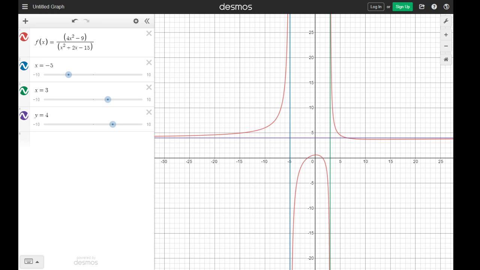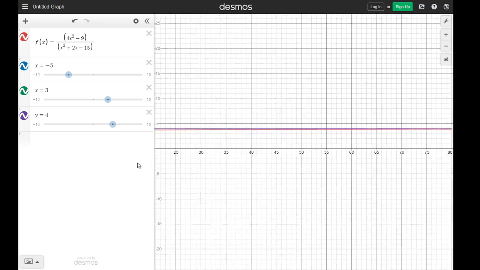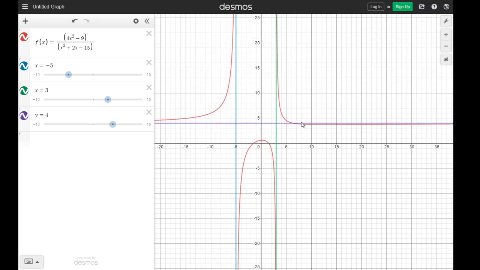Did I make some kind of goof? Did I mistype something? So you could tell that something's off about the graph. I don't know why Desmos is having the issue, but this line shouldn't be crossing at y equals 4.